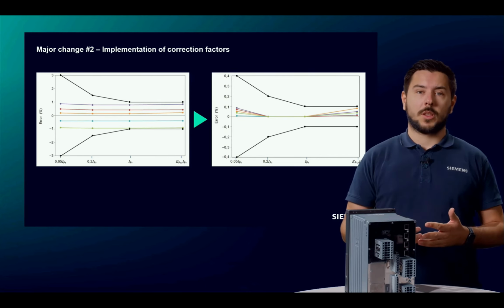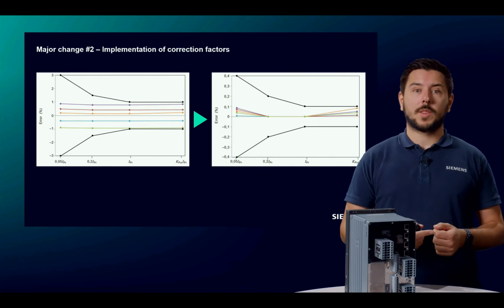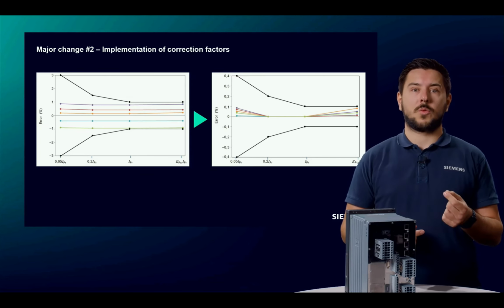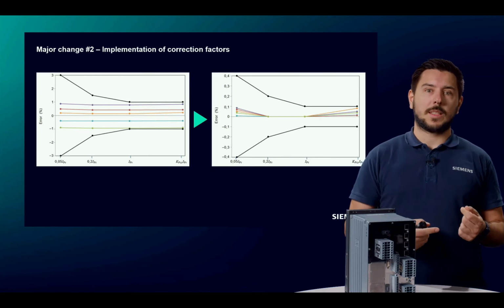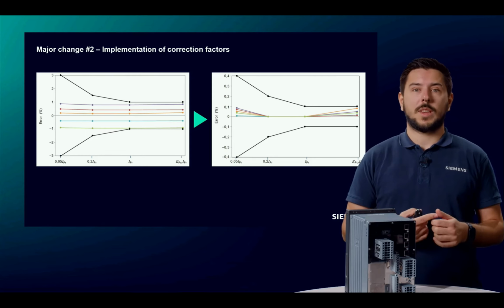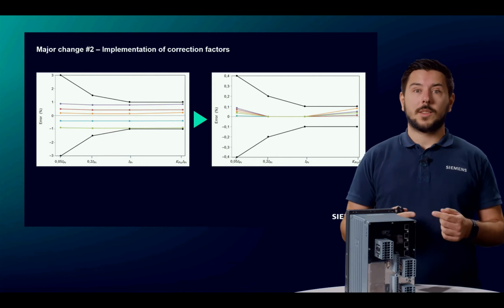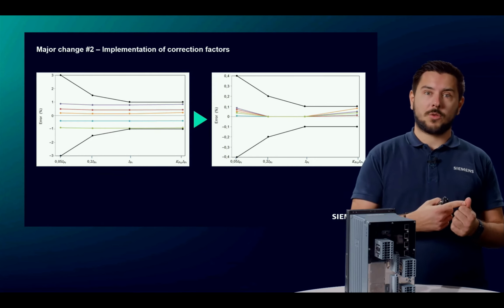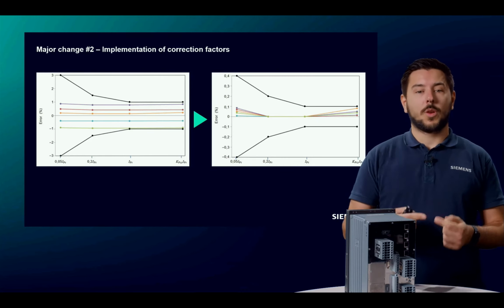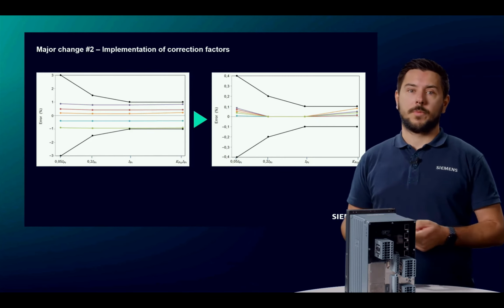With modern technology, we can now efficiently use the individual transformation ratio of passive LPCTs or LPVTs in protection devices. This is achieved by combining the ratio correction factor with the rated transformation ratio.